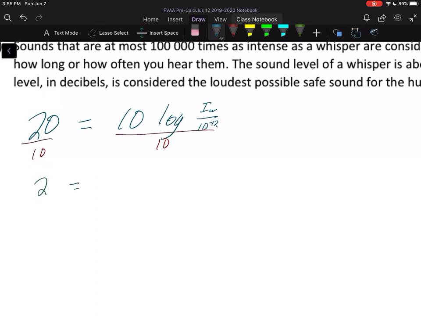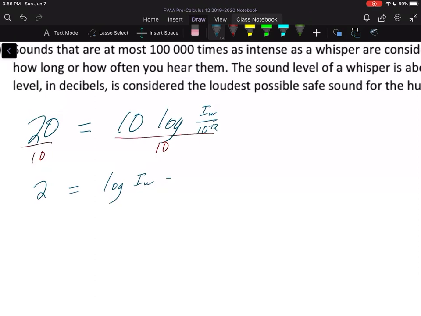That gives me 2 is equal to log I_W minus log 10 to the negative 12.